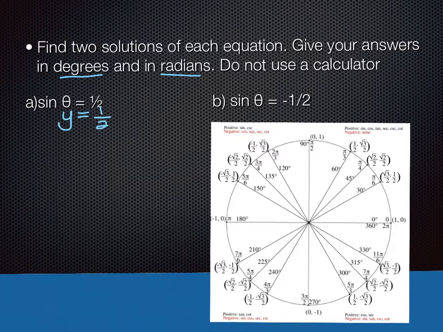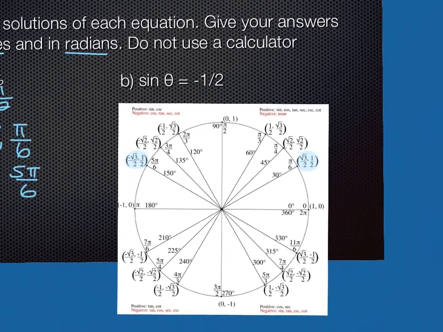So if you move around your unit circle and look for where y is positive 1/2, it's going to happen here and it's going to happen here. So the angle that matches that would be 30 degrees or pi over 6 and 150 degrees or 5 pi over 6. So there's 2 different angles in both degrees and radians for that answer.